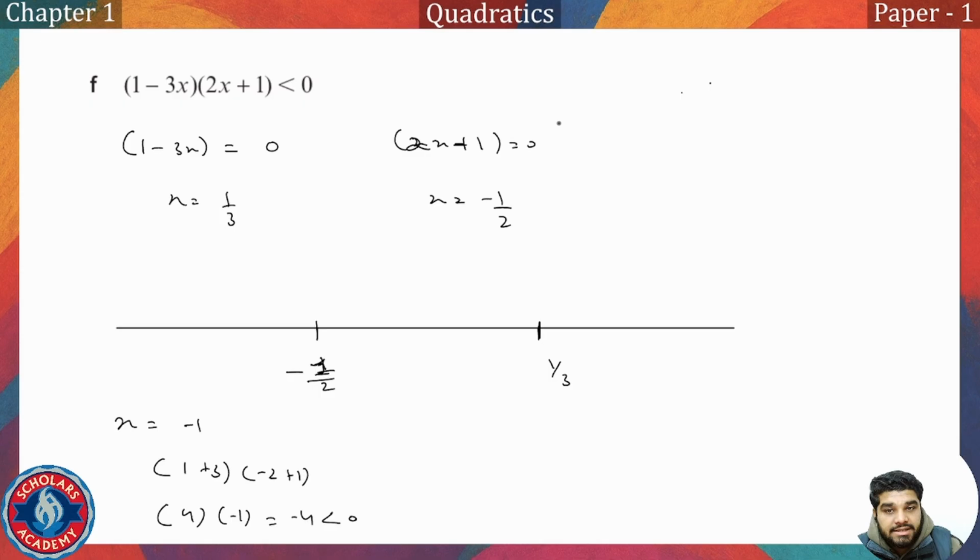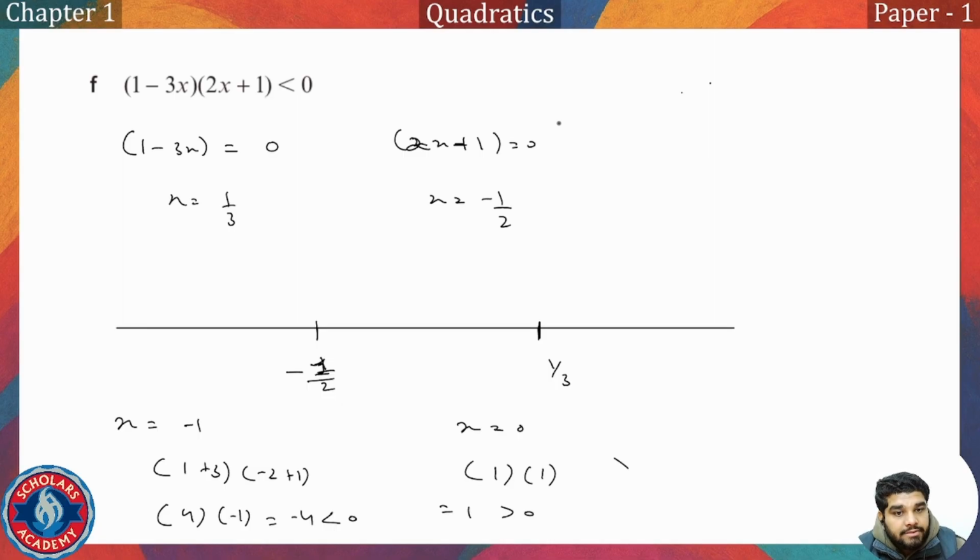So yes, this interval we will take. If I take some value from the second interval, x is equal to 0, we get 1 times 1, which is 1, and it is greater than 0. So we don't want this interval. This interval is giving us a value which is not desired.